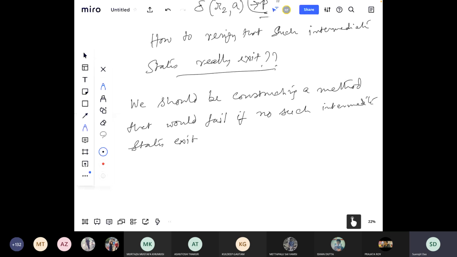Right? Did you get my point? So we should be constructing a method that would fail if no such intermediate state exists.